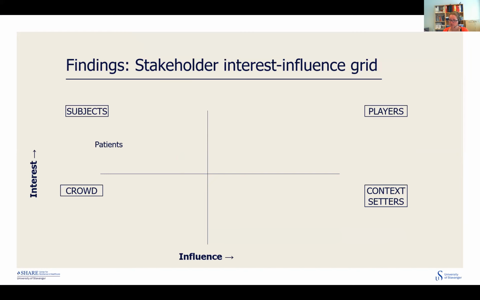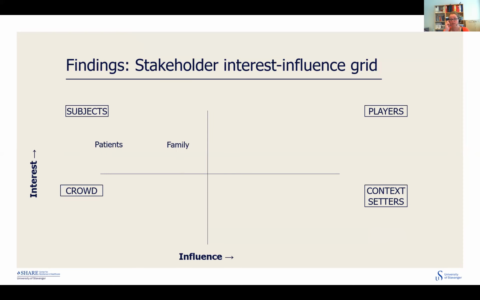Patients and family have been placed in the subject quadrant. That means they have low influence or power, but medium to high interest. This means that they have a high stake or interest in resilient healthcare, but limited capacity to influence. These stakeholders may have unrealized power, which may be activated through alliances with other stakeholders.